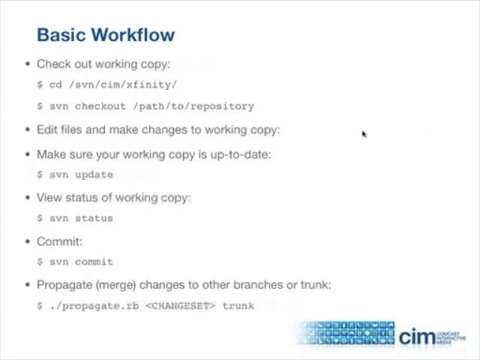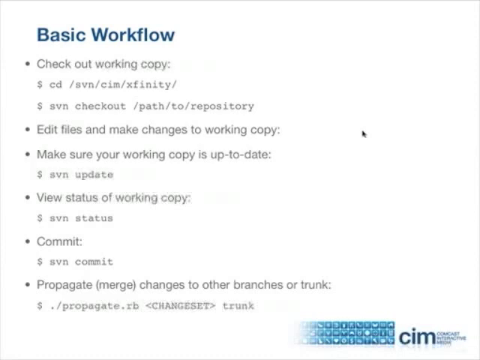We begin by CDing into the directory on our machine to which we'd like to check out a working copy, which we'll do with svn checkout and specifying the path to the central repository. Locally, we'll edit files and make changes to our working copy. We'll make sure our working copy is up to date before proceeding with svn update.